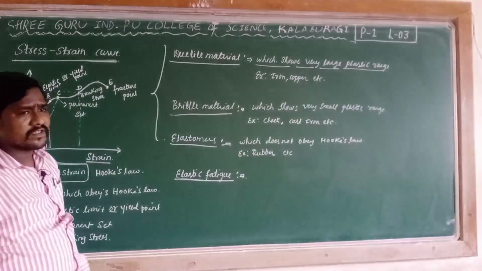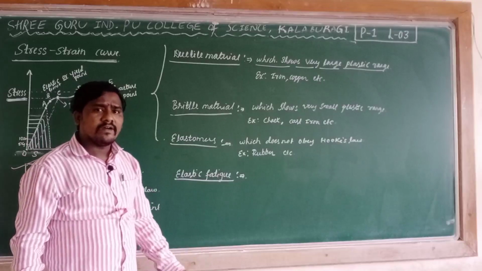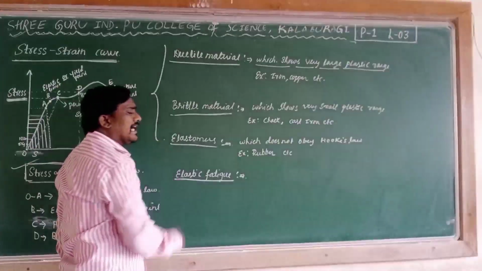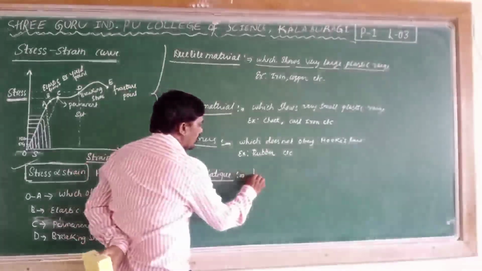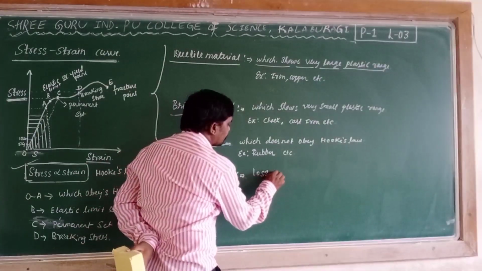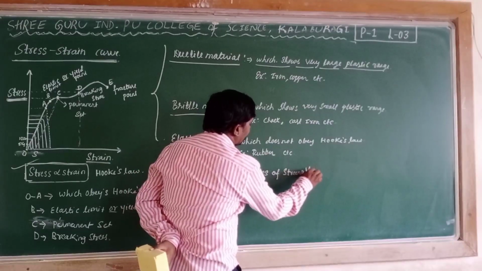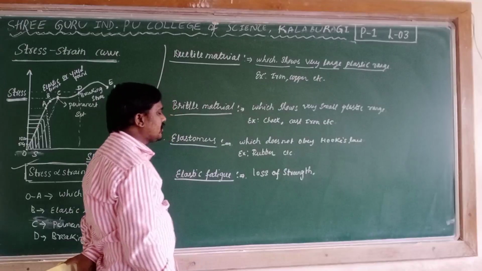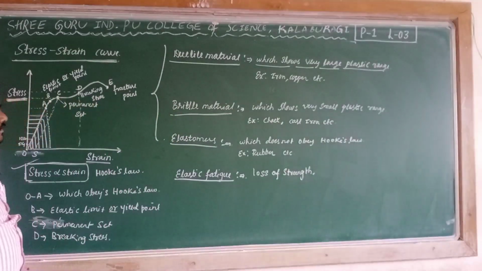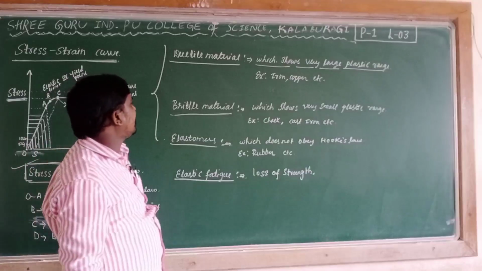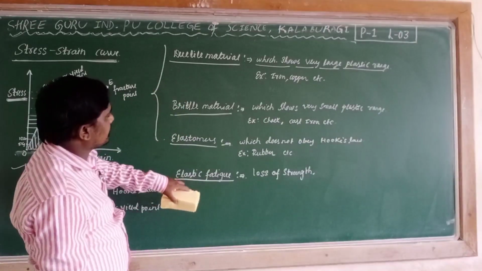The loss of strength of a material due to continuous stress is called elastic fatigue. What is acting continuously on the material? Stress. Continuous stress acting on a material causes what we call elastic fatigue.